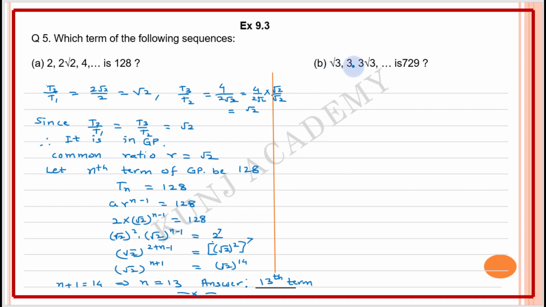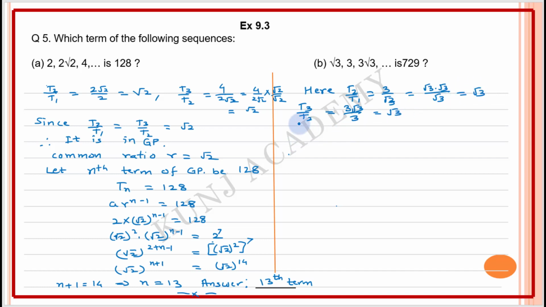B. Root 3, 3, 3 root 3, and 729. Here T2 upon T1 is 3 upon root 3, which is equal to root 3 into root 3 upon root 3, equal to root 3. T3 upon T2 is 3 root 3 upon 3, equal to root 3.